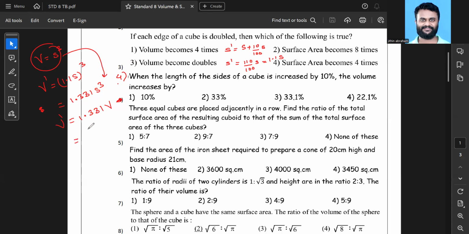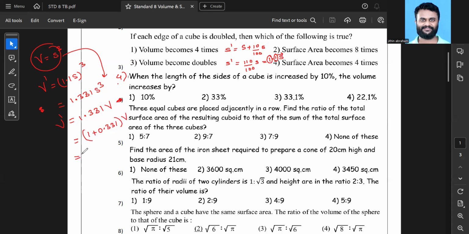How do we find? Logically speaking, in the previous case also, when I was telling you the new side is equal to 1.1 the old side, the one before the decimal was the old side and the one after the decimal was the increment. Or maybe I can just split this number like this: 1 plus 0.331 multiplied by volume.